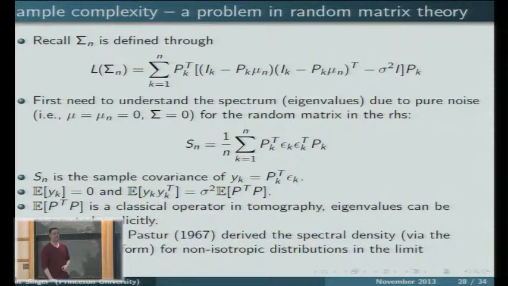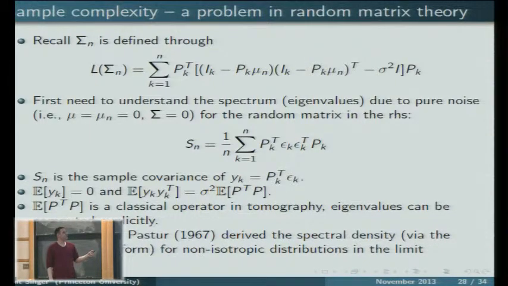Okay, so now we get finally to the random matrix question. So sigma n, our covariance matrix, satisfies this equation. That's how we estimate it. Now, the first thing that you try to understand when you do PCA with noisy data is just what is going to be the distribution of the eigenvalues when you only have noise. So this means that sigma is 0, there is no signal, mu is 0.